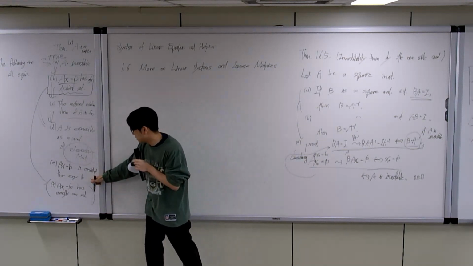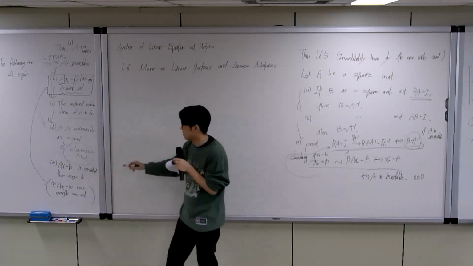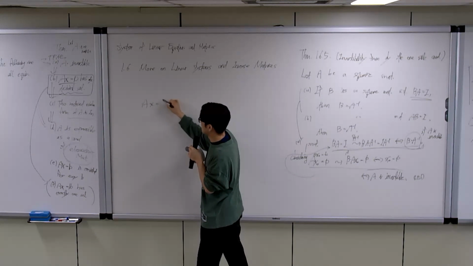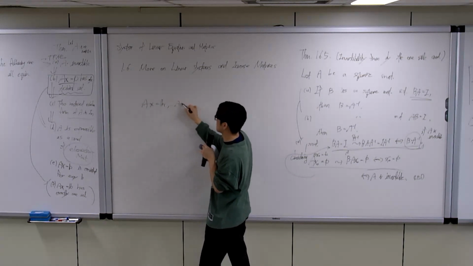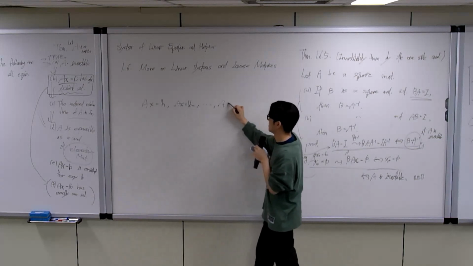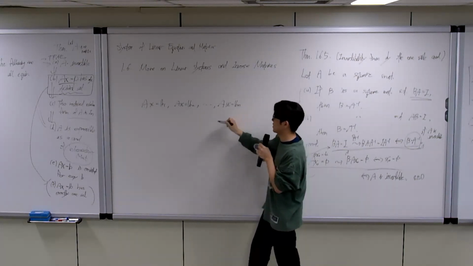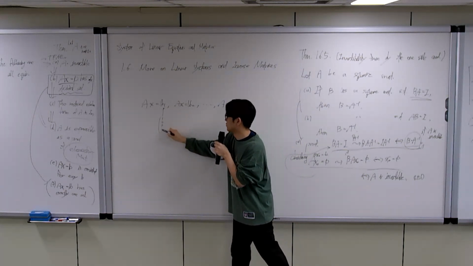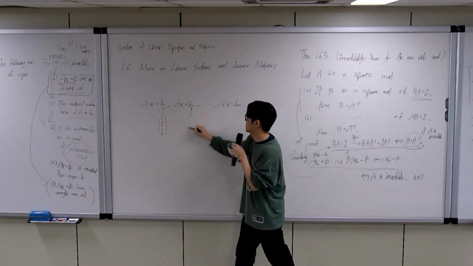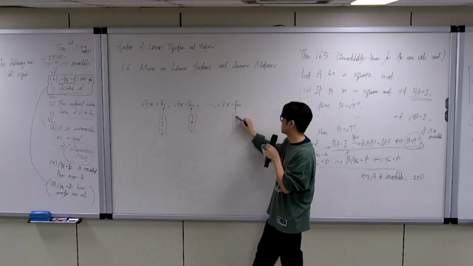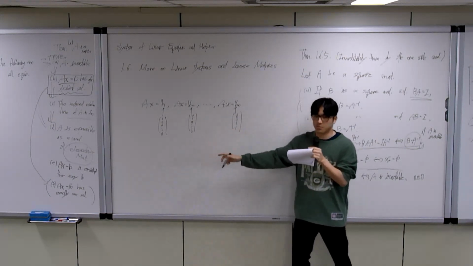And also, by constructing the identity, by constructing the sequence of linear systems, we will get the vectors 1 0 0, 0 1 0, and 0 0 1.